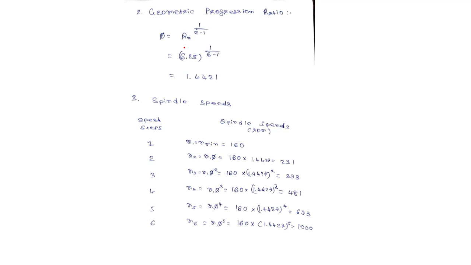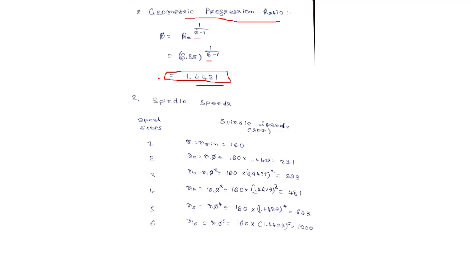Rn is 6.25, and we put the value of Z, which is 6, so phi is equal to 6.25 raised to 1 upon 6 minus 1. So we get phi equal to 1.4421. Here we have to use 4 decimal places for the geometric progression ratio.